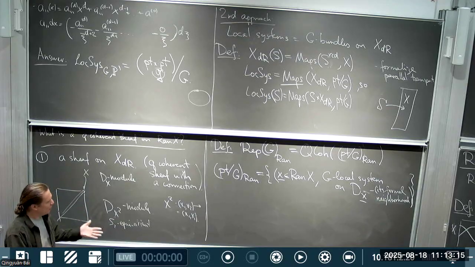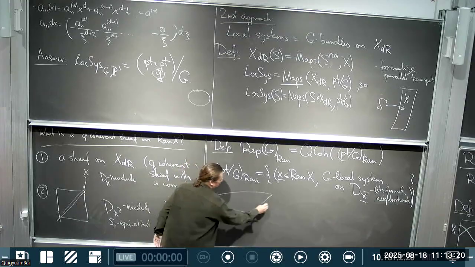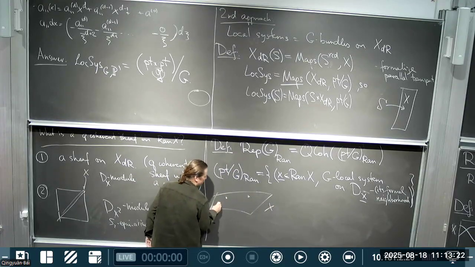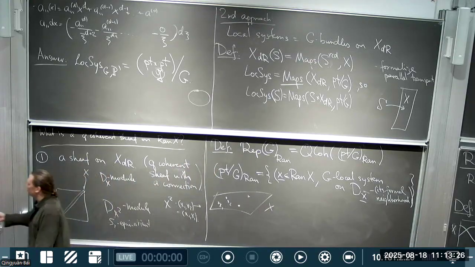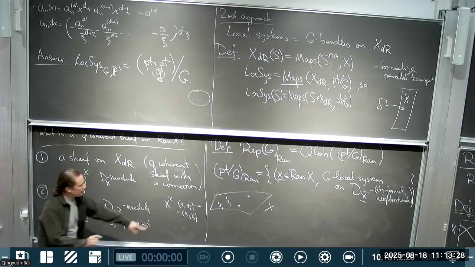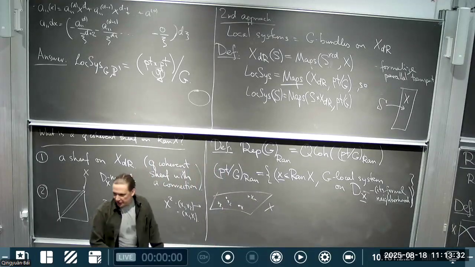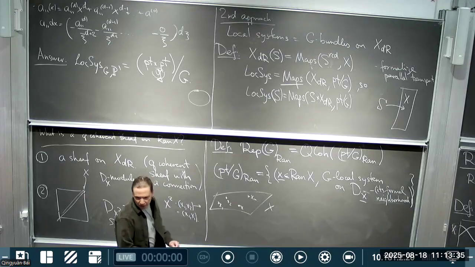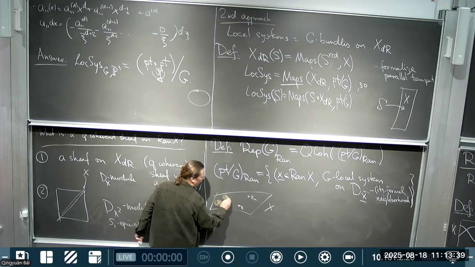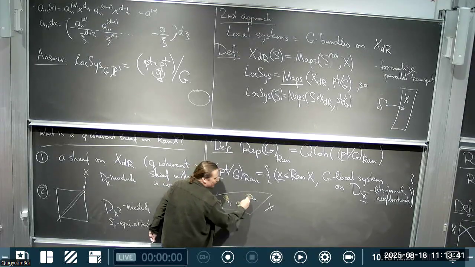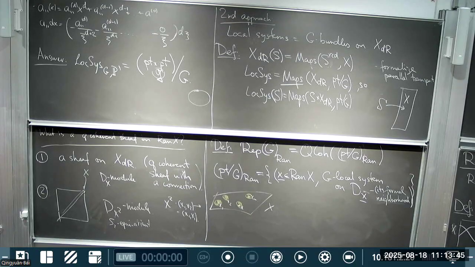But what am I trying to say? I have a curve X. I have a bunch of points. Let me index those points x1, x2, and so on up to xn. And then I take formal neighborhoods of all of these points. So I'm going to have formal disks. And then I consider a G-local system on this union of formal disks.